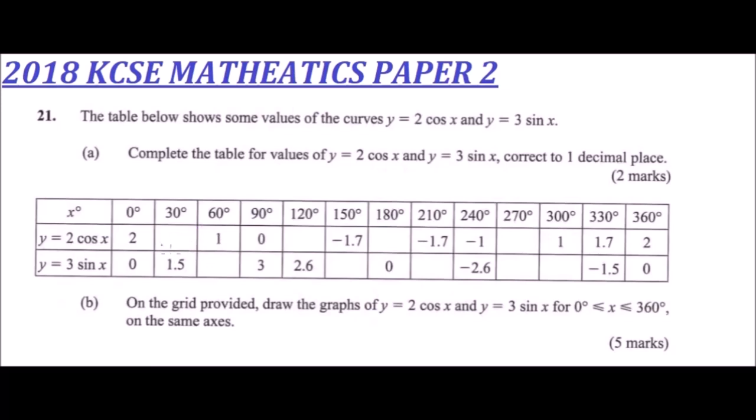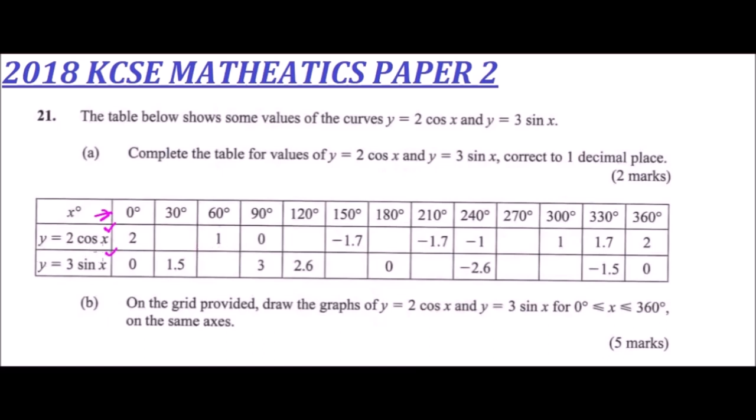Now here you use your calculator and you just substitute the value of x. We are given the row of x here. This is y is equals to 2 cos x and y is equals to 3 sin x. So these are two functions. So what you do to fill that table is this, just like 3 marks.